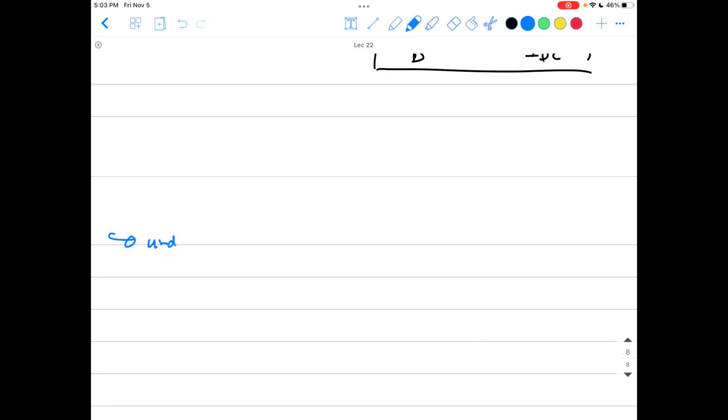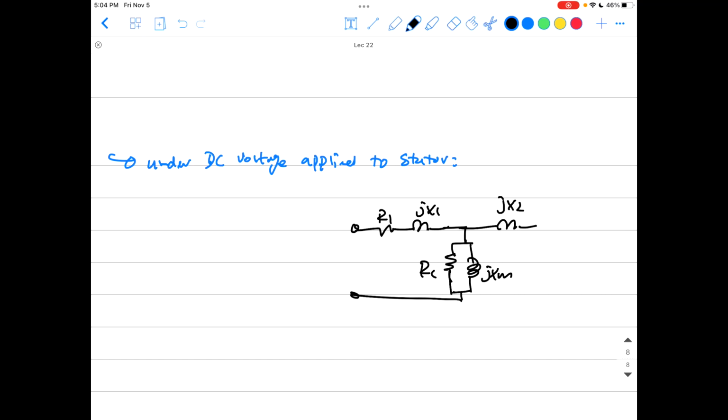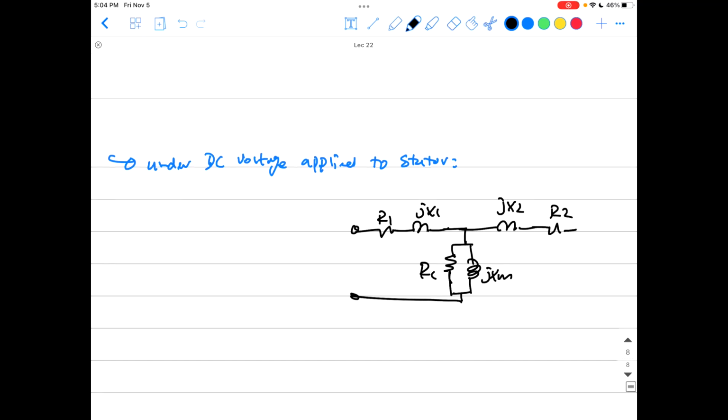Under DC voltage applied to the stator, and it's very important to look at the equivalent circuit at these conditions each time, that is R1, jX1, and those are your shunt elements, RC, jXM, and here the rotor representation, jX2, and that is R2 and R2 multiplied by (1 minus S) over S. So what you have done here is you just applied a DC voltage here.